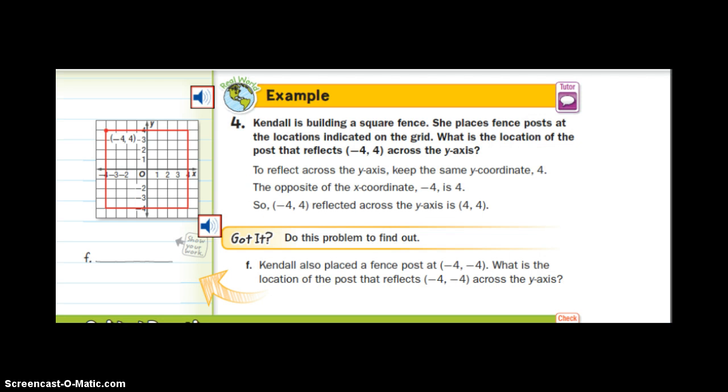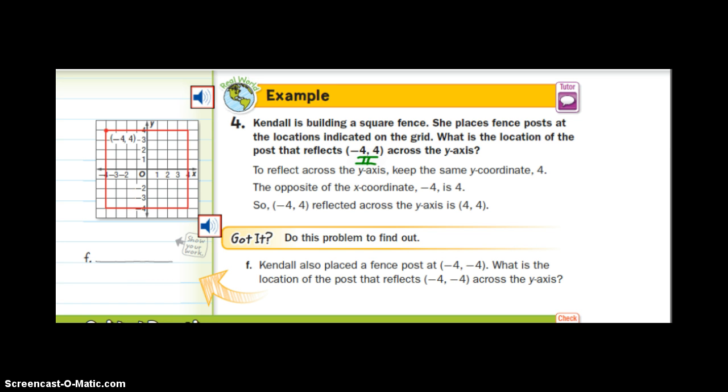Turn the page. All right, in example number 4, Kendall is building a square fence. She places a fence post at the locations indicated on the grid. What is the location of the post that reflects -4, 4? Well, we first have to locate -4, 4. So that would put us in quadrant 2.